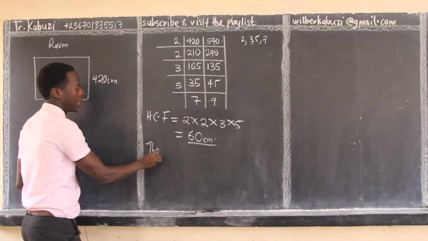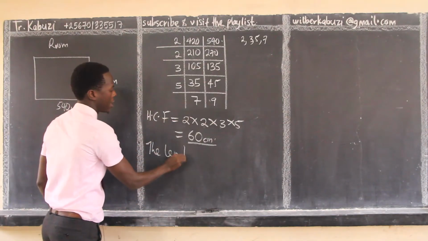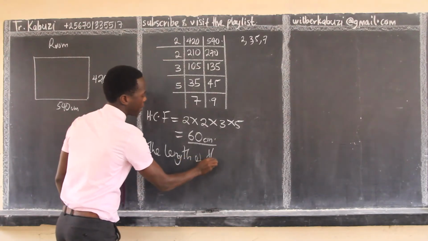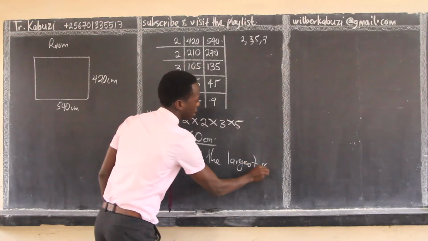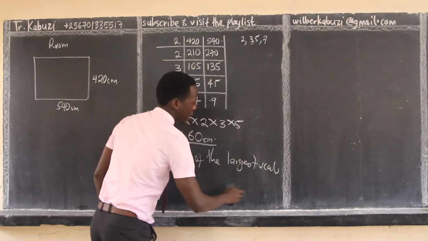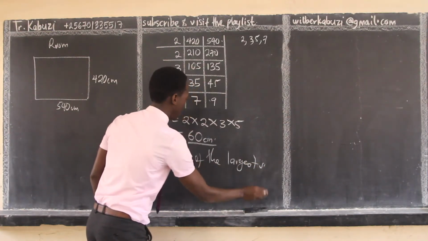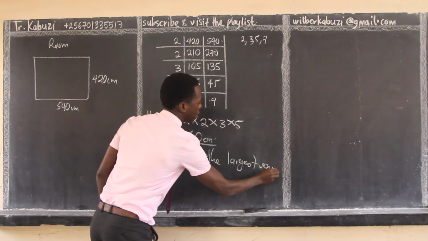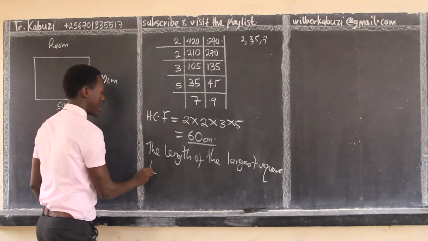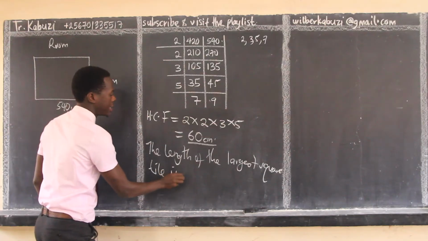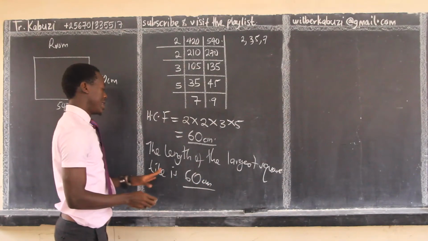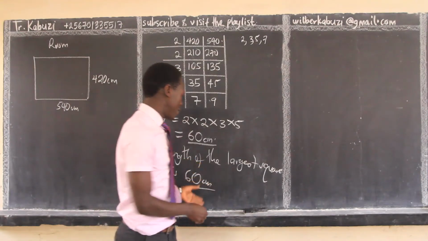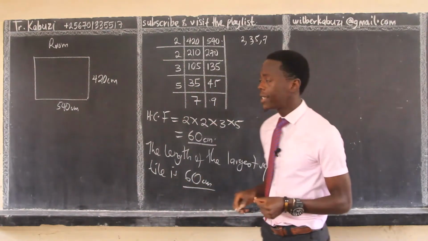So you come and respond: the length of the largest square tile is 60 centimeters. That means we need a tile of 60 centimeters.